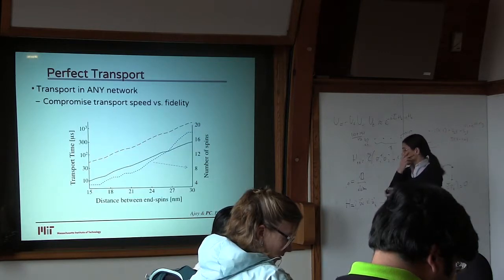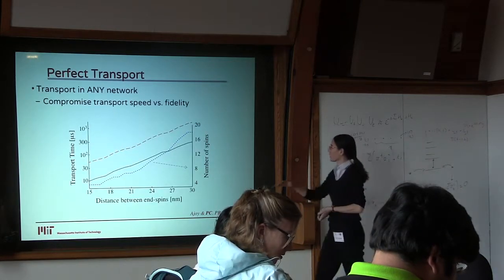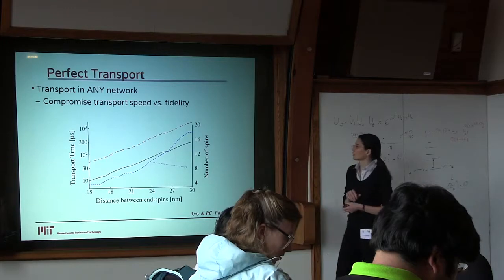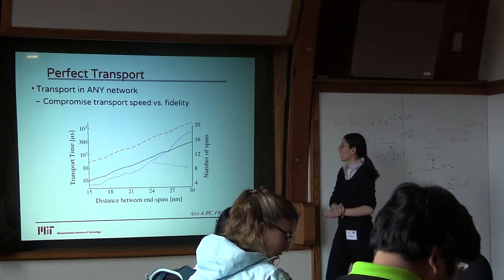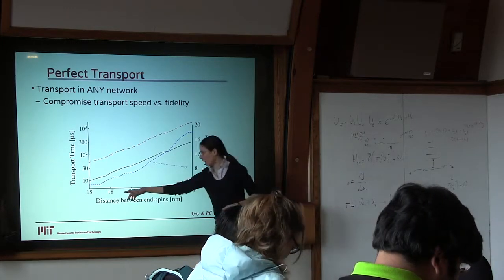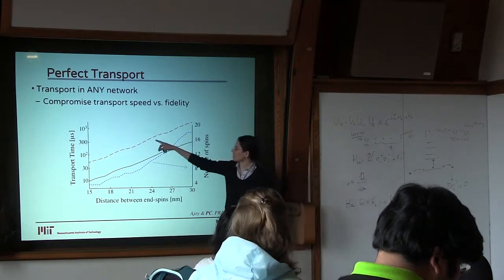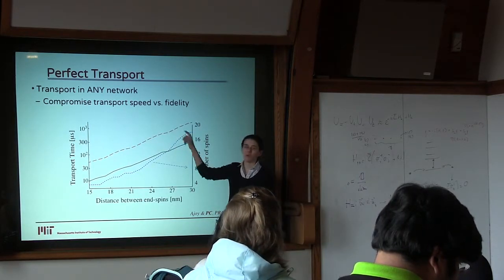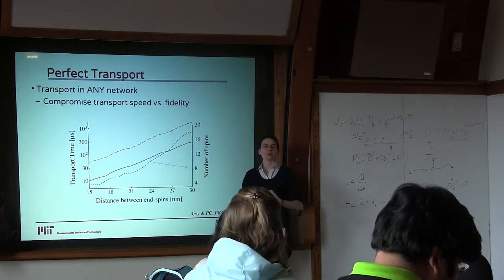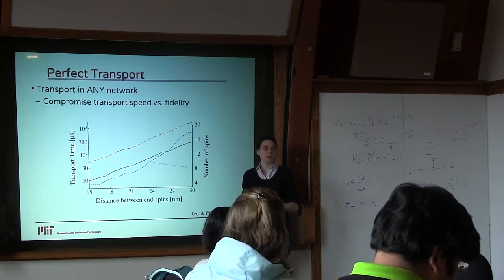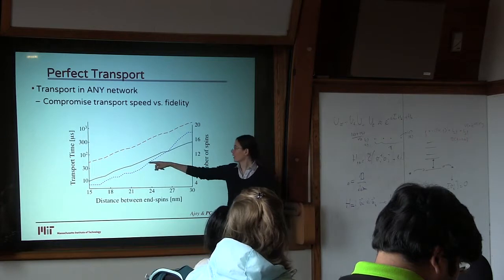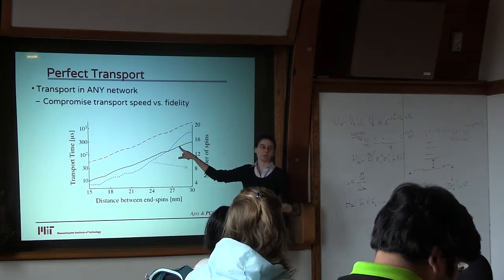We did some simulations, and you can get the transport time in terms of how far away the spins are. This line is the transport time when you apply this extra control step, so it's slower, but it achieves quite good fidelity. This line is when you do not apply any control.